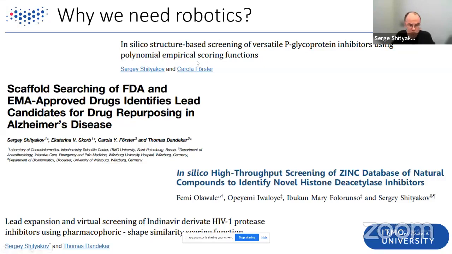And why do we need these wet experiments for chemoinformatics? For the obvious reason, because we have a lot of testing samples here, like in our publications, because so far they are just hypothetical entities, starting from Alzheimer's disease to some ZINC databases where we screen natural substances.